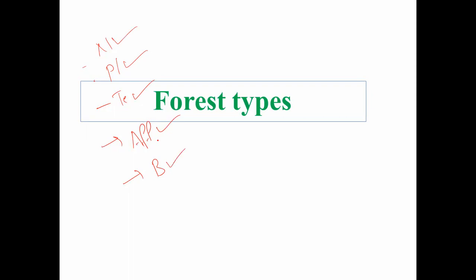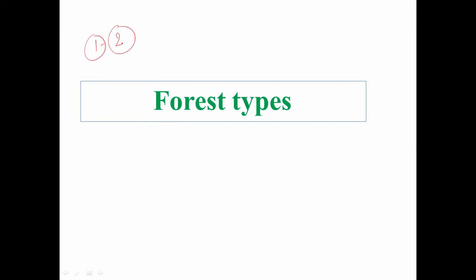Now we will move to another very important chapter in silviculture, that is forest types. Generally we can expect one or two questions from forest types. But in the last NET exam, there were almost 4 to 5 questions from forest types itself.